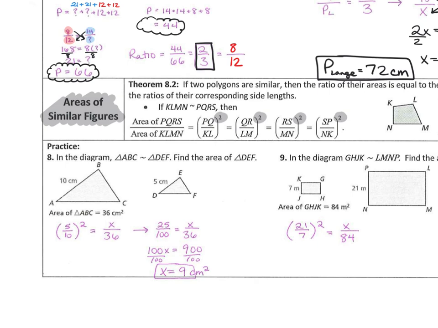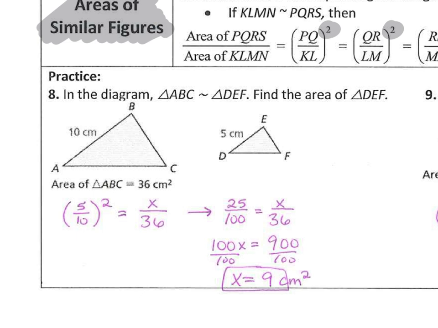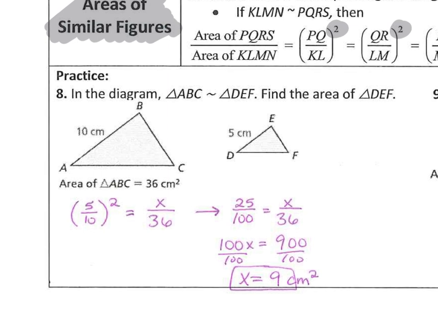So if I were to set up this problem for number 8, I have to make sure I square some stuff because it's area. It says in the diagram, triangle ABC is similar to triangle DEF. We're going to find the area of DEF. We were given the area of ABC. We were also given that these 2 side lengths are similar. When I did this for perimeter, I just got to set it up and go.